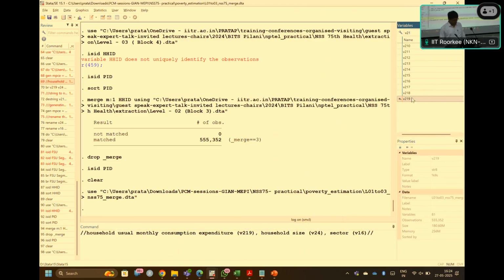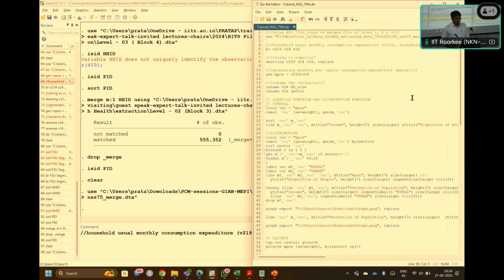It is the household monthly consumption expenditure. And another one is your household size. If we divide the household expenditure by household size, we get the per capita monthly expenditure. So that is why we have divided this and generated it as a proxy of our income.